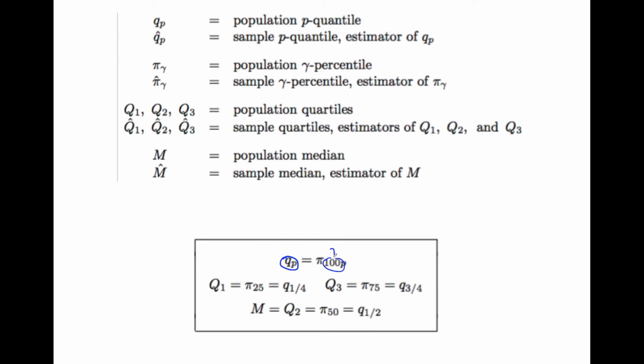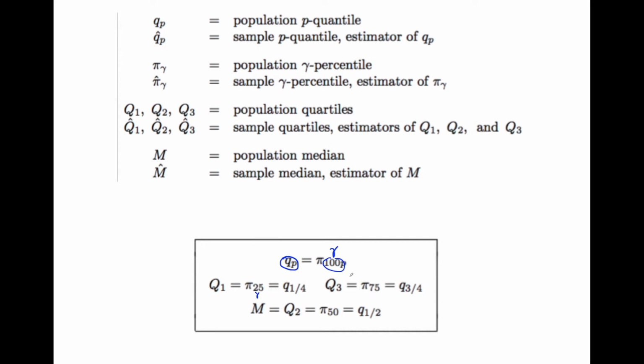So our gamma value would be 100P. Likewise, the first quartile is the same as the population 25th percentile, so gamma is 25, which is the same as the 0.25 population P quantile, where P is 1/4.